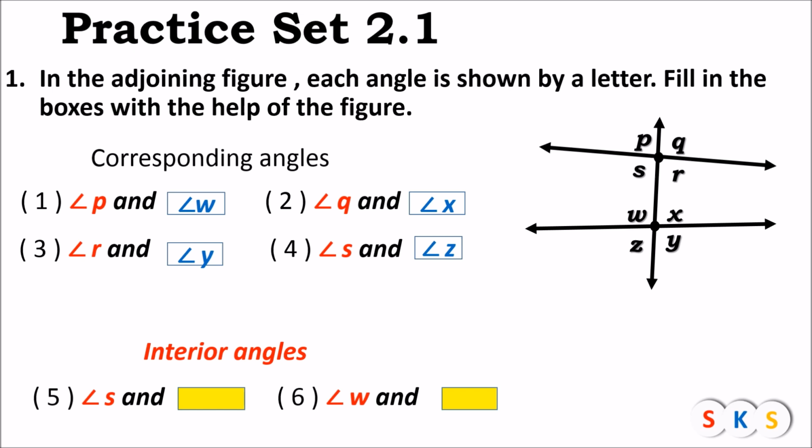So in this figure you can see that angle S, angle W, angle R and angle X are inside the parallel lines, and those angles will form pairs of interior angles. Look at this figure here. Angle S and angle W is one pair of interior angles.